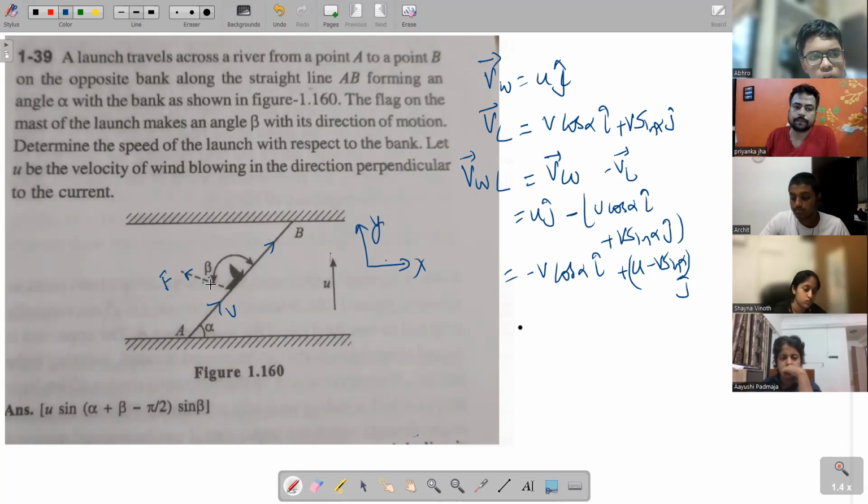Now this angle is given. This is the velocity of wind with respect to launch, so it will be in this direction, and that is why the flag is fluttering.